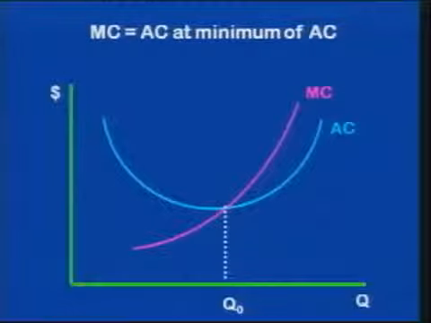Okay, now comes the hard part. If we draw the average cost and the marginal cost together, what do we find? First, we find that the average cost is usually higher than the marginal cost in the beginning. What's the reason for this? Fixed cost, right?